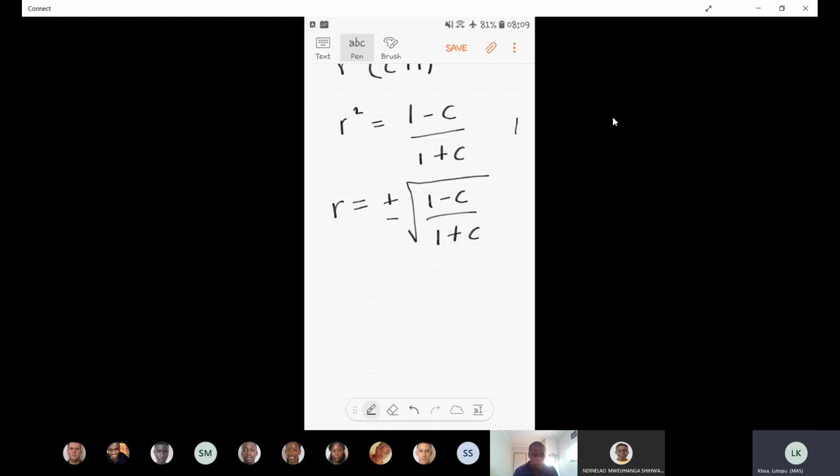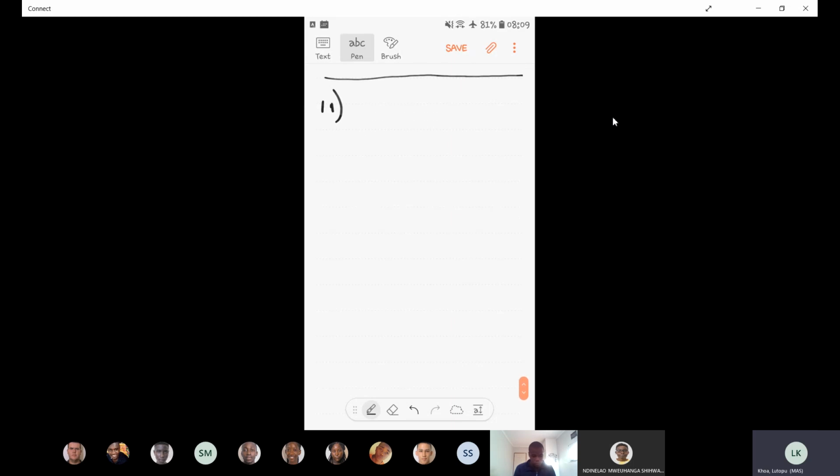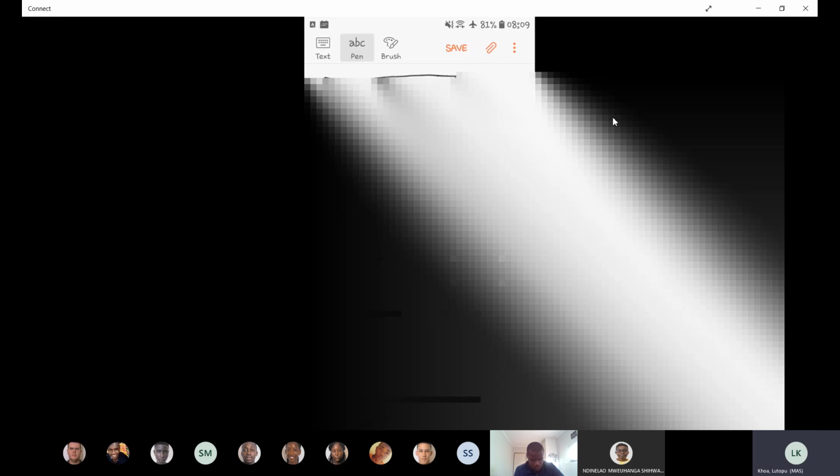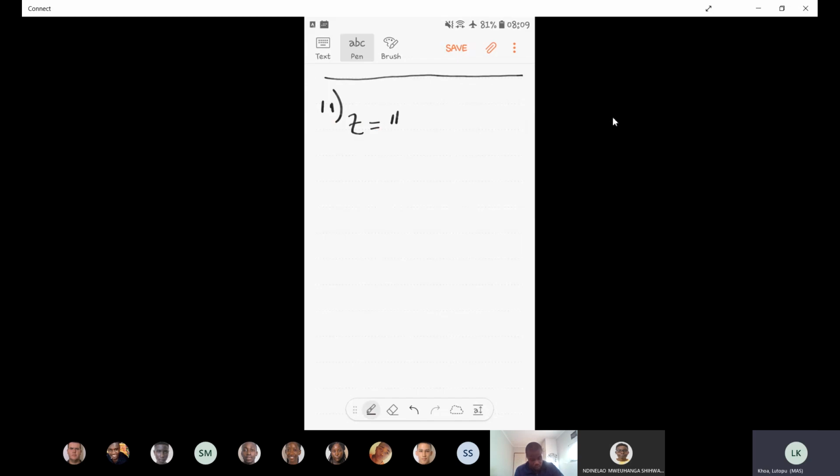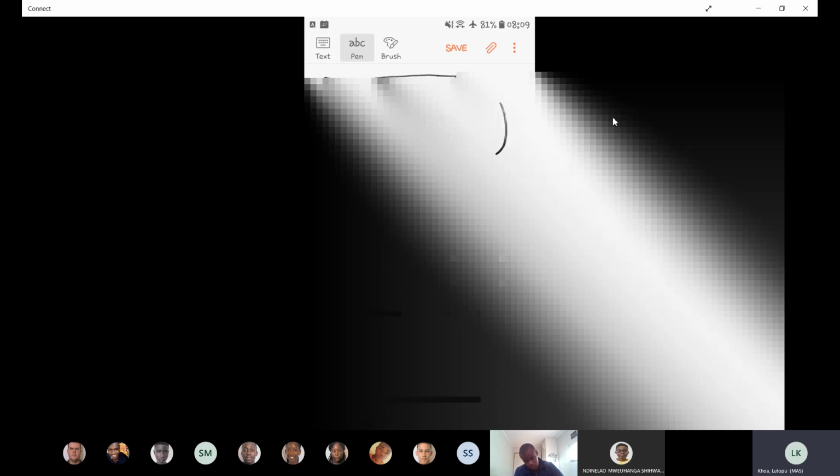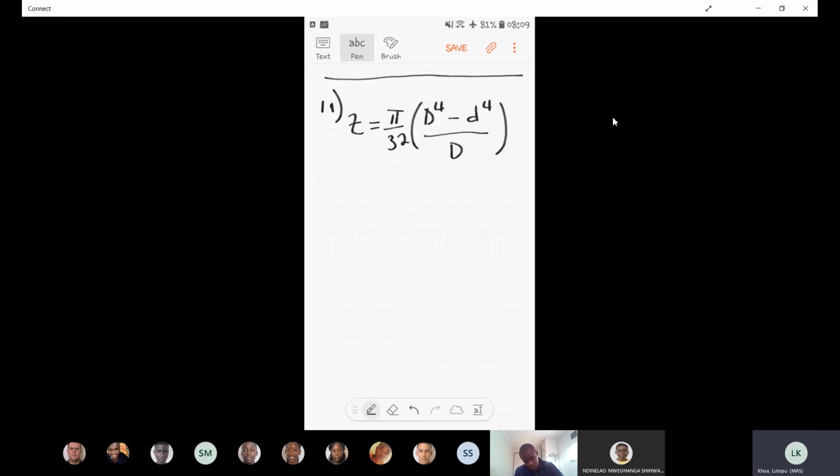11. We have Z is equal to pi over 32 times big D to the power of 4 minus small d to the power of 4 over big D. And here you are asked to make small d the subject of the formula.